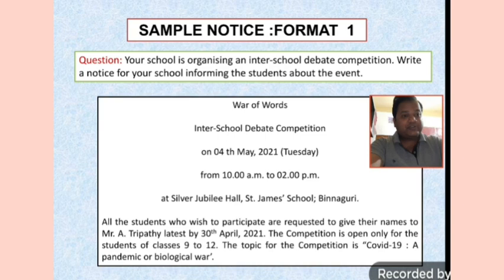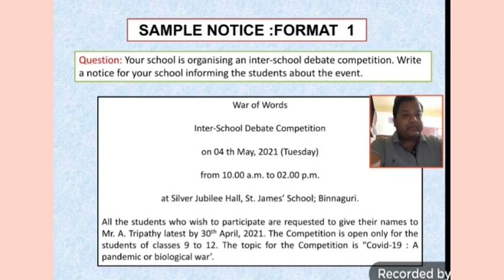TH should be written on the same line along with 4, not as a superscript. Here also, TH is written along the same line. So you need to keep that in mind: 4th May, 2021, bracket Tuesday.